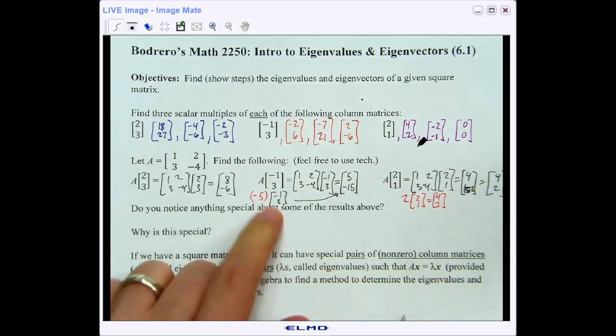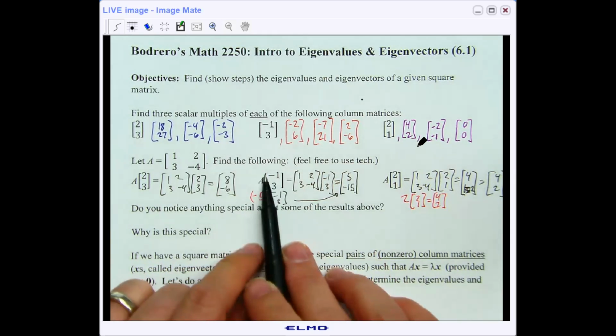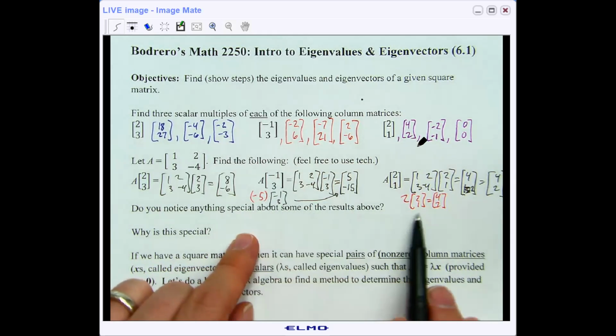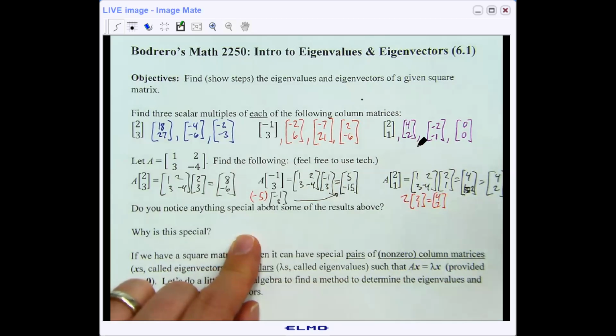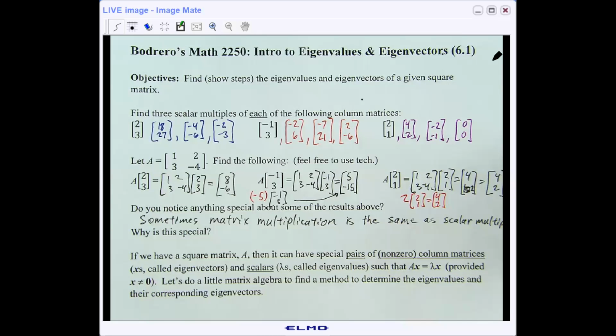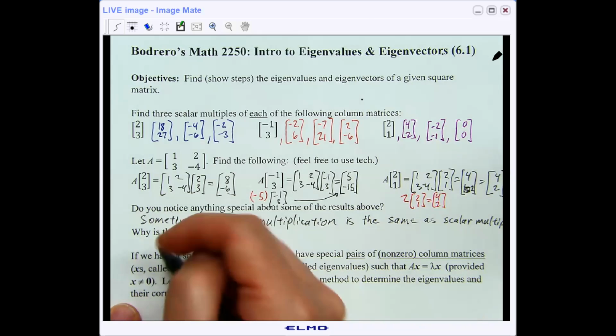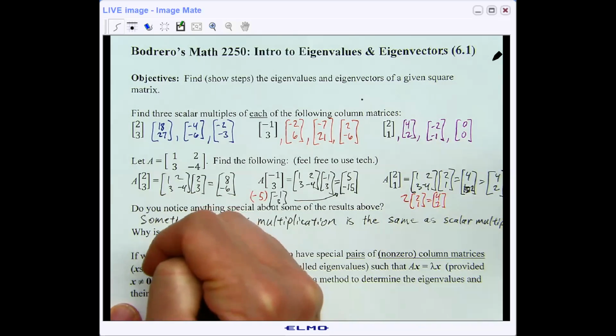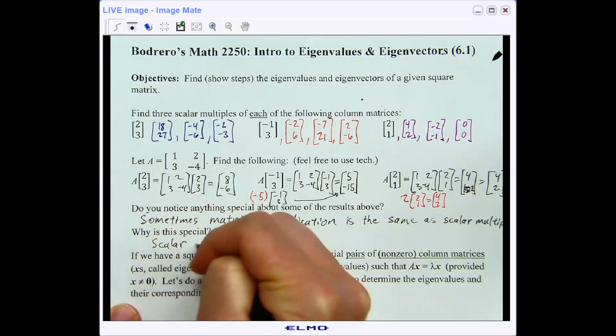So sometimes the matrix multiplication ended up just being a scalar multiple, while other times it didn't. Let's write that down. Sometimes matrix multiplication is the same as scalar multiplication. And why is this special? Well, scalar multiplication is a lot easier.